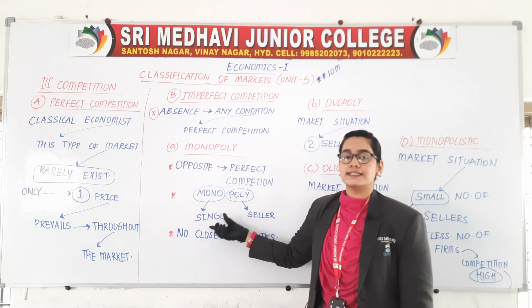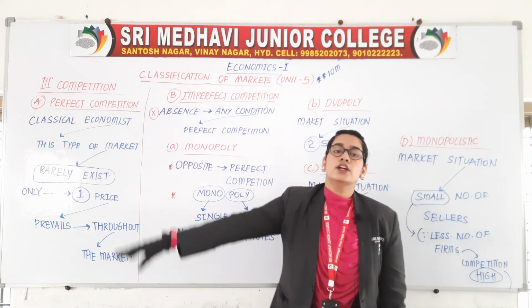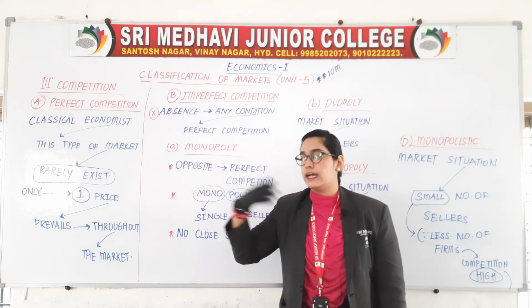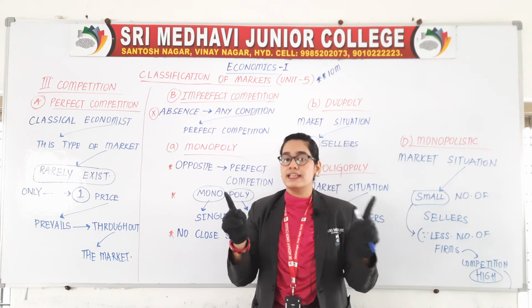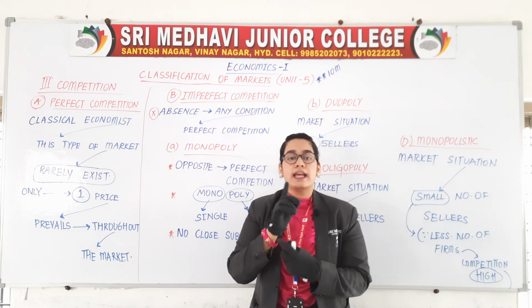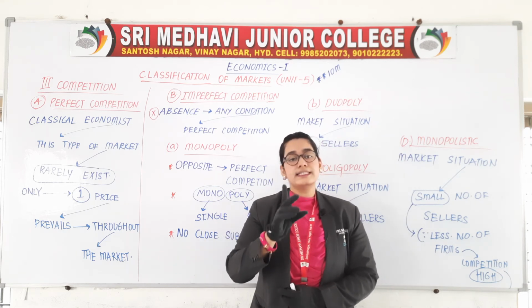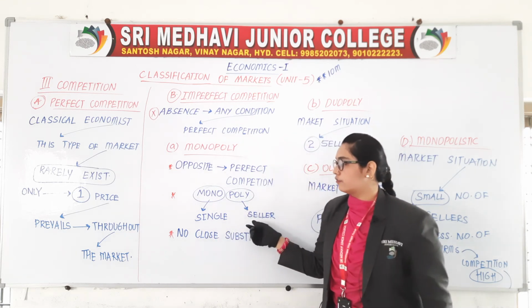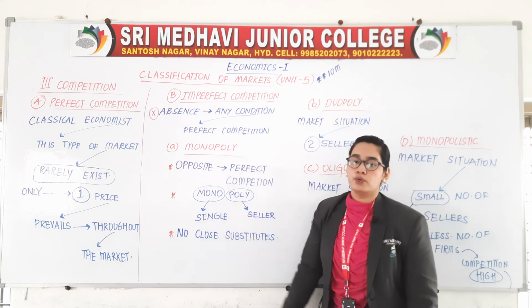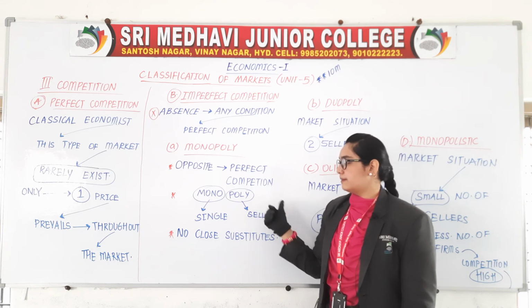Monopoly means single seller. Only one seller will be there throughout the market. Other persons should not do any business. Only one person will have the authority to supply goods. That kind of market is called monopoly. Mono means single, poly means seller.